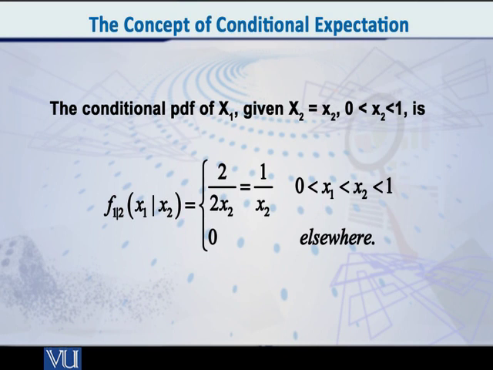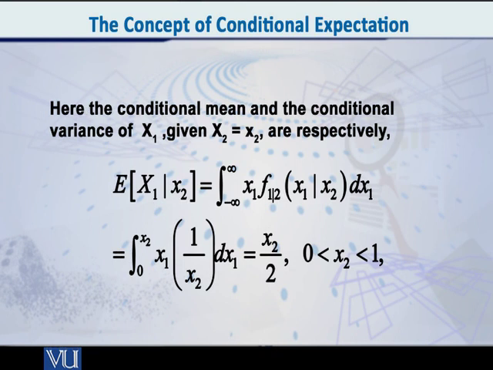So joint का expression क्या है? What is the expression? f of x1 x2 is equal to what? It's equal to 2. और जो marginal आया है x2 का वो क्या है उसका expression? It is 2x2. If we divide 2 by 2x2, obviously we will get 1 over x2. This is the expression of the conditional distribution of x1 given x2.